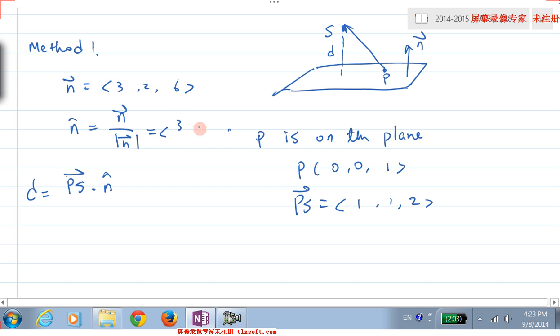N hat is 2, 3, 6, divided by the magnitude of this n vector. Magnitude is square root 9 plus 4 plus 36, right? So 9 plus 4 plus 36, okay? What does that give us? That happened to give us 3 over 7, 2 over 7, 6 over 7, okay?